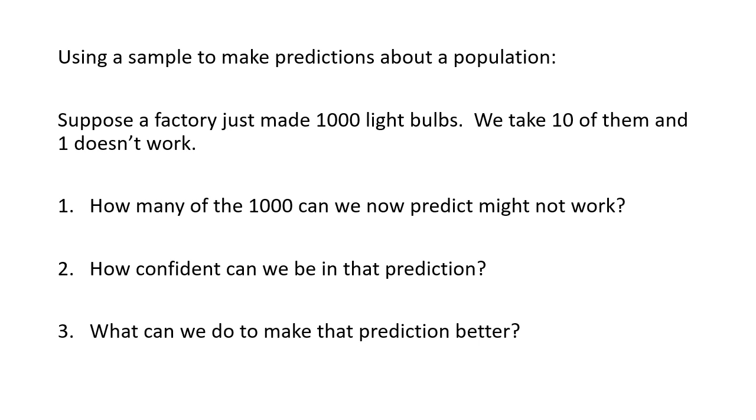So we might, from that, do a proportion. We want to know some amount that doesn't work out of 1,000. Well, that should be proportional to the one that we found out of 10. So this is my statement about the population. This is all of the light bulbs that we've made today.